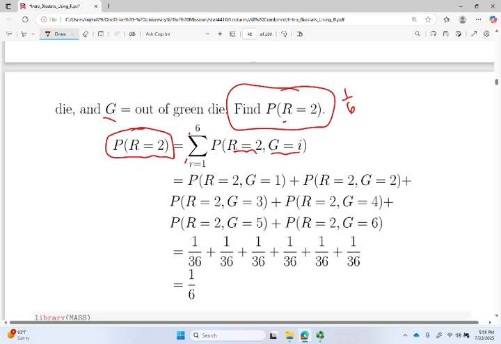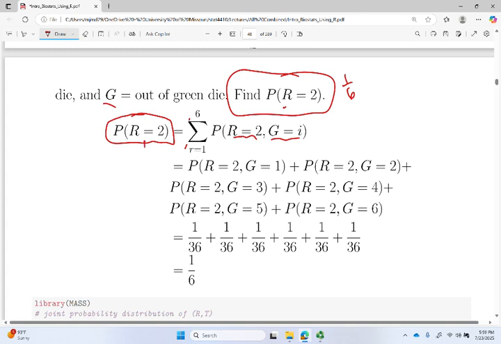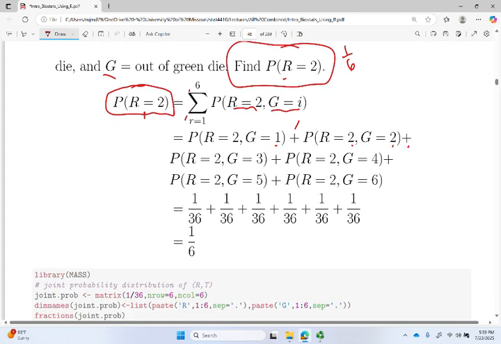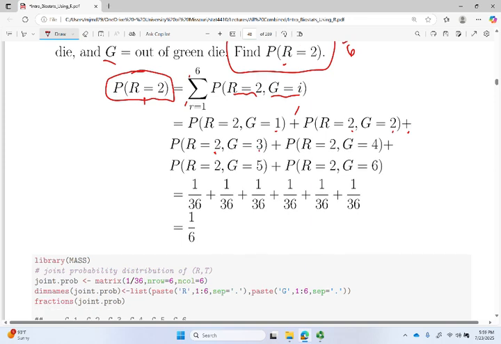That means the probability that we roll a 2 is the probability we roll a 2 and a 1, or we roll a 2 and the green die is a 2, or we roll a 2 on the red die and a 3 on the green, and so on, 4, 5, 6. Doesn't that make sense? In a sense, we don't really care what the green die is because we're summing over all possibilities.